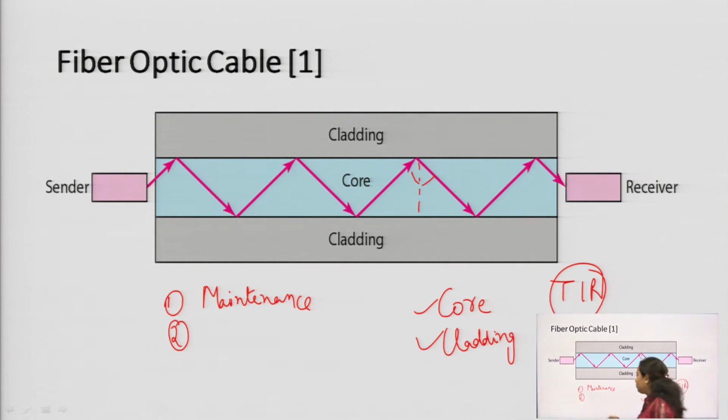Cutting the fiber optic cable means, if you want to join two optical fiber cables together, then a particular kind of cutting has to be involved for the purpose of transmission. So, that is the case for fiber optic cable. There are two things involved, that is core and cladding, and it is based on the total internal reflection.